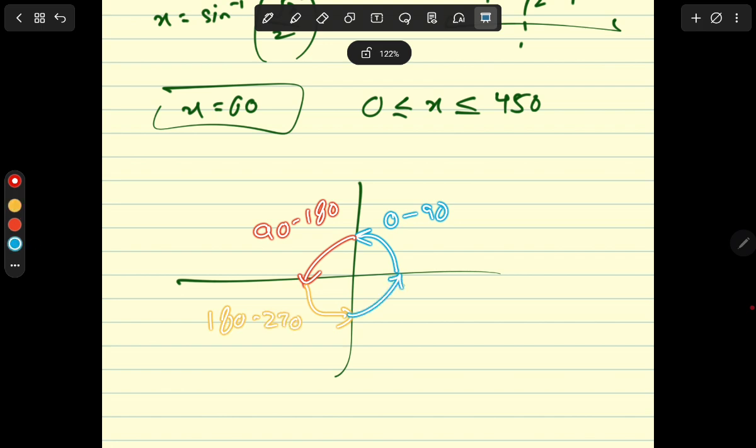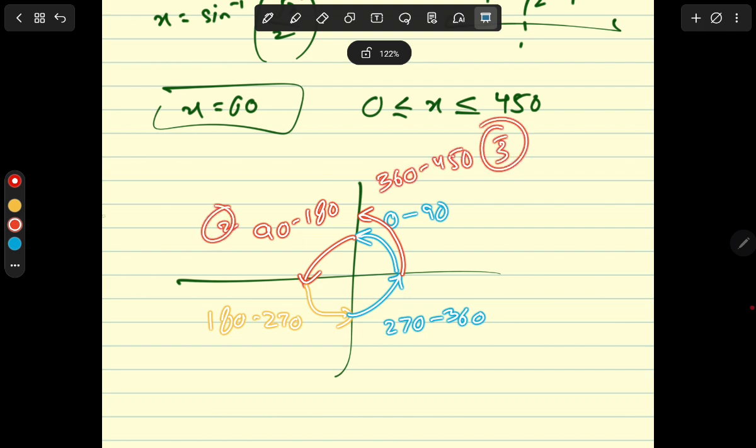Then 270 to 360 degrees. And then 360 to 450 degrees. Okay, so this is the fifth quadrant, this is the second quadrant, this is the third quadrant, this is the fourth quadrant, and this is the first quadrant, right? So we are talking about 1.25 circles or 5 quadrants, right?